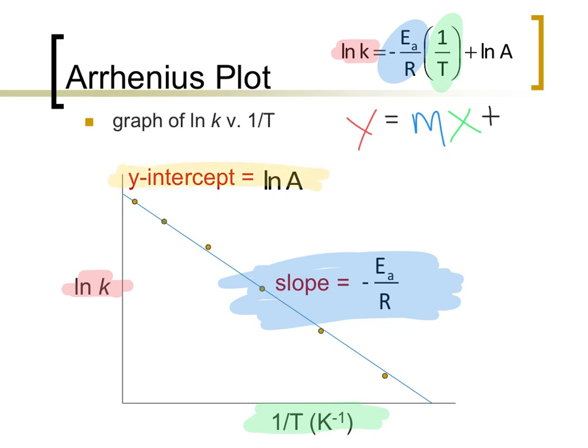And the last thing we have is the y-intercept, so plus the ln of A would represent having plus b in y equals mx plus b. So we have the y-axis being ln K, the slope being negative activation energy over R, the x-axis being the inverse temperature, and the y-intercept, the b, being the natural log of A. So we can see how this all lines up to give us something graphable.